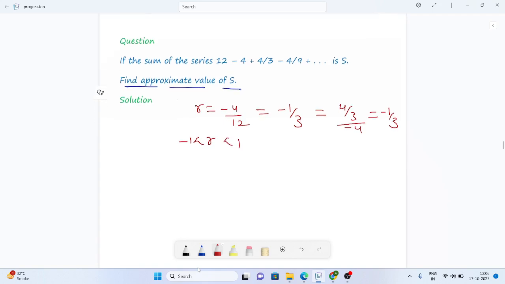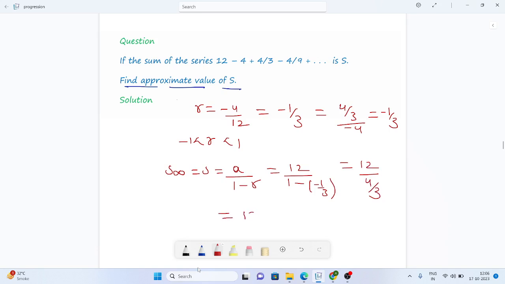So the formula for infinite terms of GP is S infinity equals a upon 1 minus r. What is a? It is 12 upon 1 minus of minus 1 by 3. When you solve this, you get 12 upon 4 by 3, or 12 into 3 by 4. So here you get the answer 9.